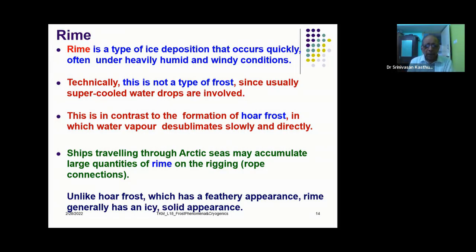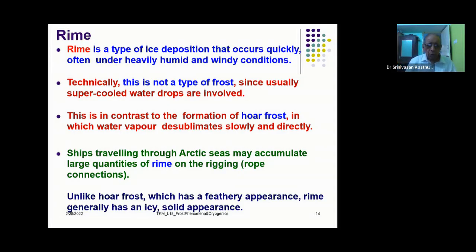You can say it is not really equivalent to a frost, because super cold water droplets are involved, so you cannot strictly call it a frost, but it is added on in this frost formation. This is in contrast to the formation of hoarfrost, in which water vapor desublimates very slowly and directly, whereas here in this case we have a supercooled condition.